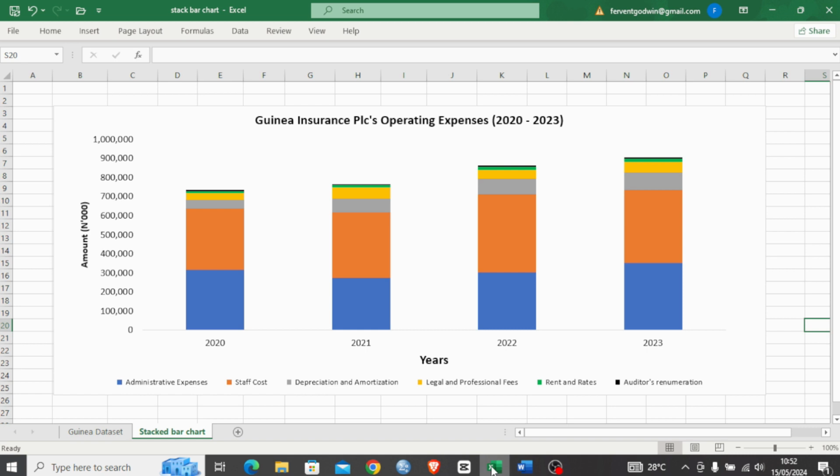So here now we have the auditor's remuneration. This can be negotiated. We could see here in the data set that the auditor's remuneration was increased from 500,000 to 700,000.